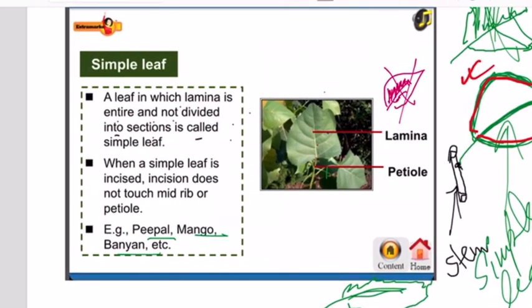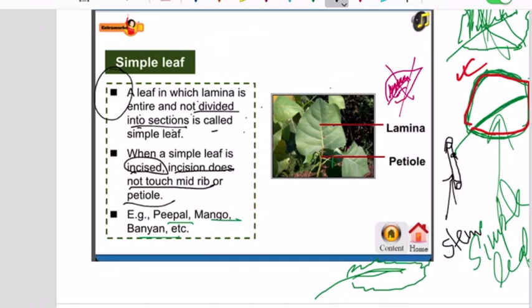So first of all, remember the first point: the simple leaf does not have any incision. They are not divided into sections. In case they are incised, the incision never touches the midrib or the petiole. They will never divide the leaf into smaller leaves.